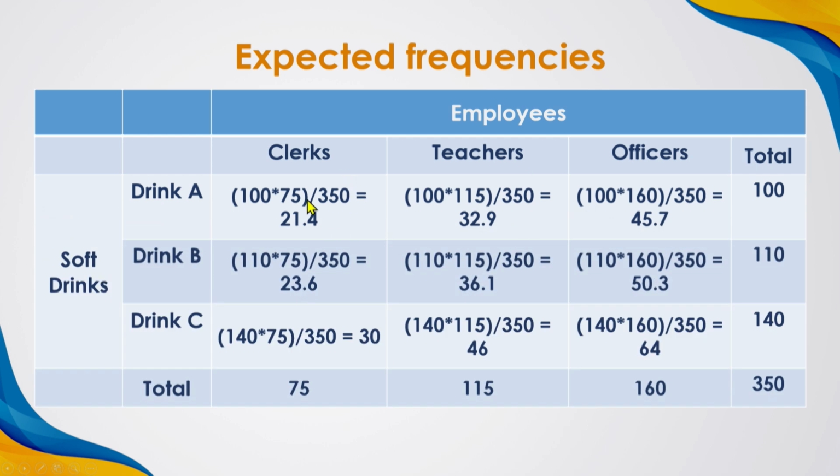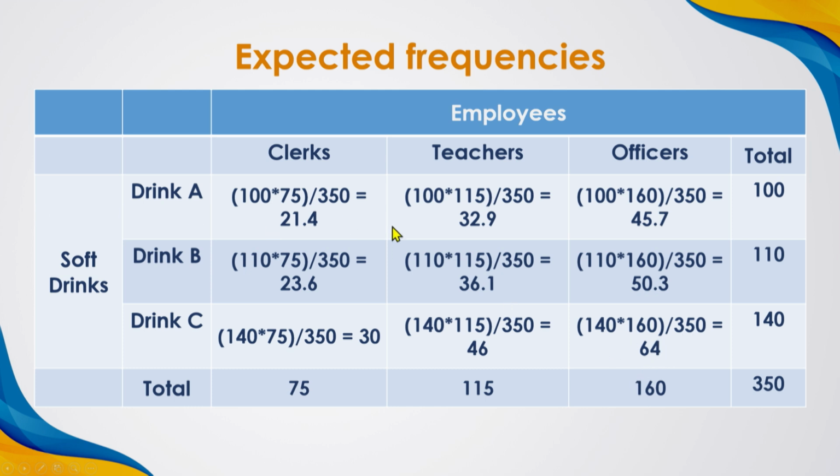As I mentioned, the row and column totals, it is 100 into 75 divided by 350, that is 21.4. This is your first expected frequency. Similarly here 100 into 115 divided by 350, 32.9 is your second expected frequency. This is your third, fourth, fifth, sixth. Similarly you can move on with 140 into 160 divided by 350, which will be the value 64.